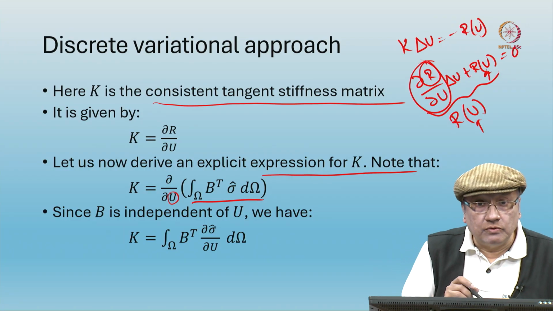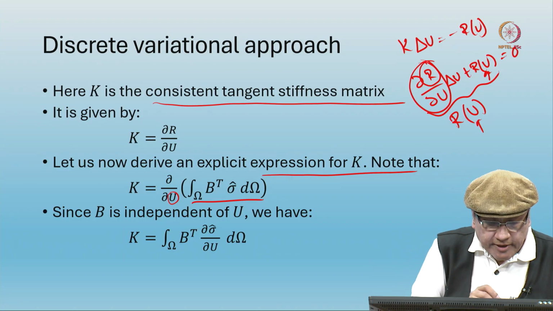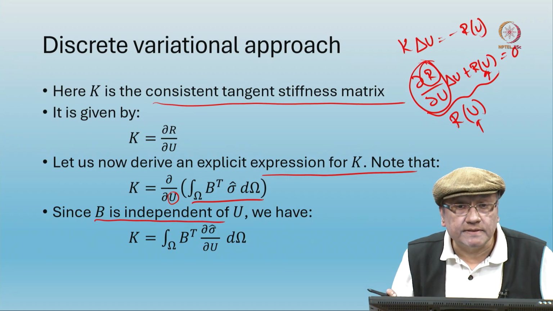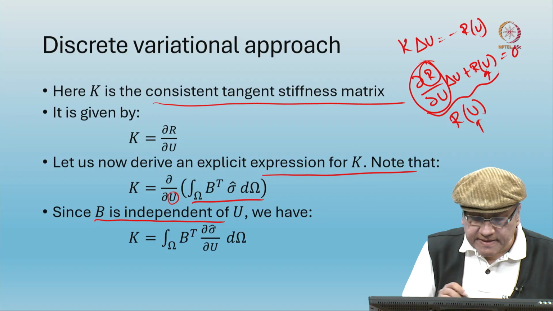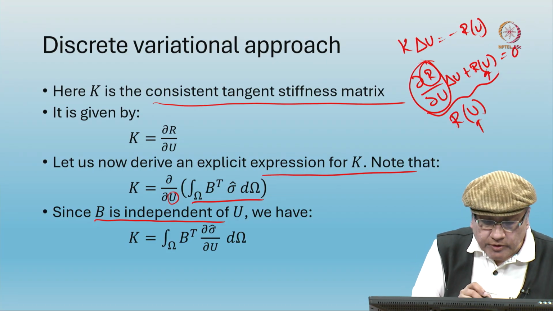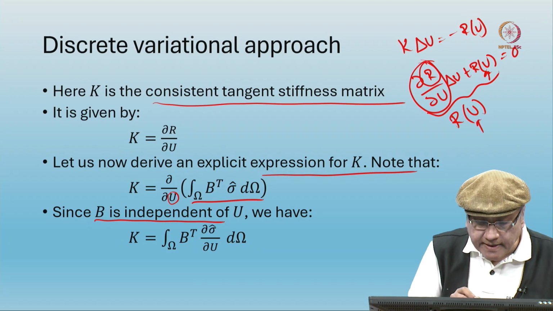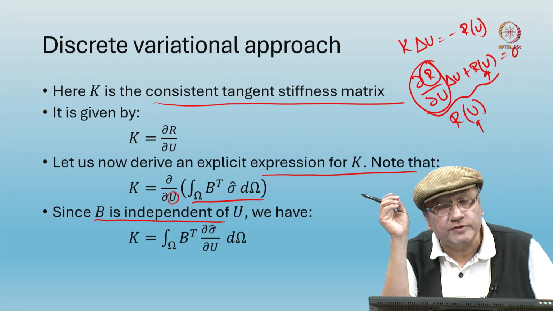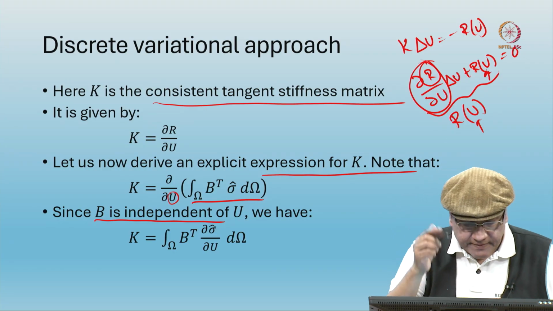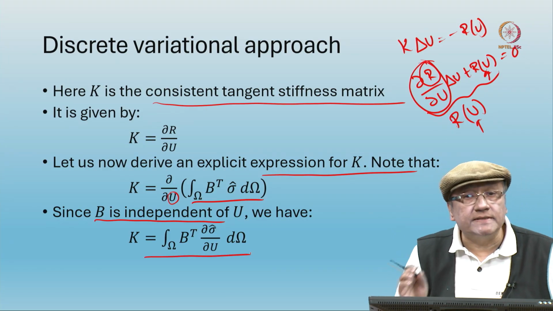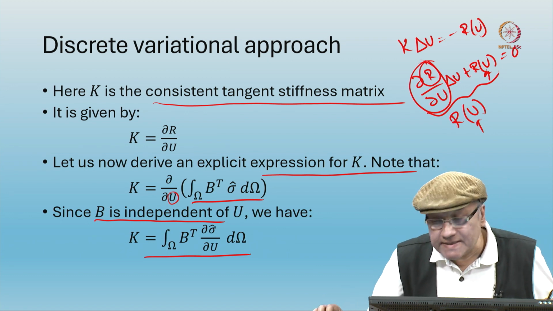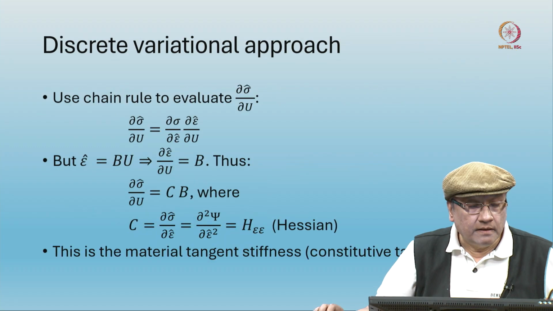So B, the strain displacement relationship matrix, is independent of u. Basically we can write K: you can take this del by del u inside and differentiate sigma with respect to u, in this case the vector representation of sigma which is there in sigma hat, and we have this expression for the tangent stiffness matrix K.